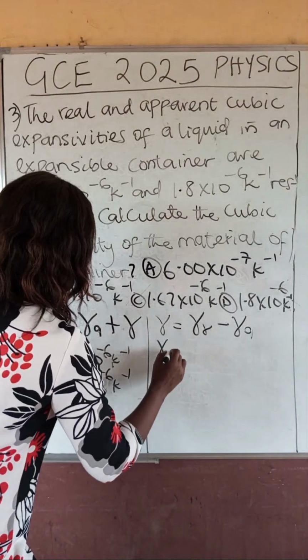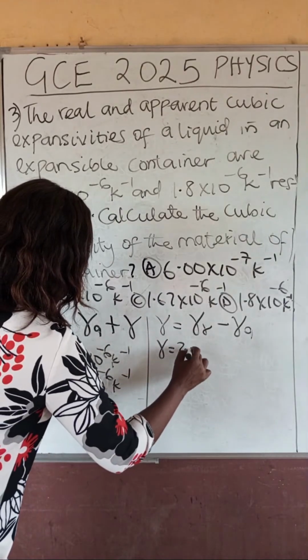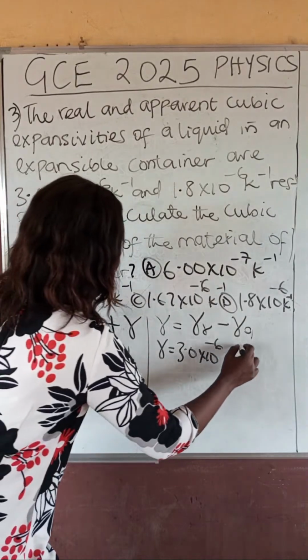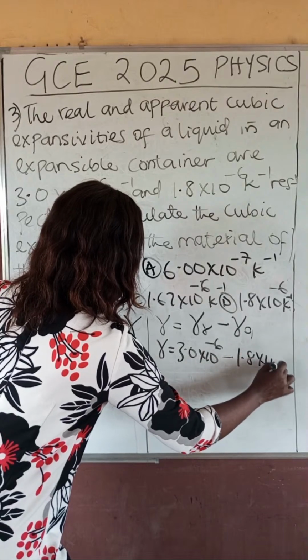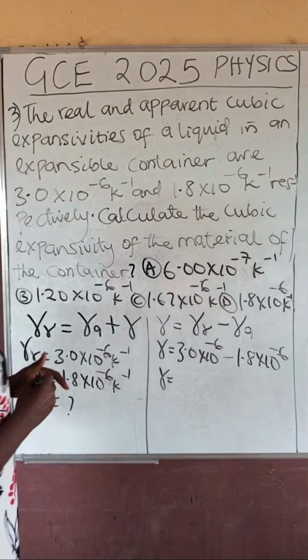So let's go by that. We say expansivity of the container is equal to 3.0 times 10 raised to power minus 6, then minus 1.8 times 10 raised to power minus 6. Now let us subtract.